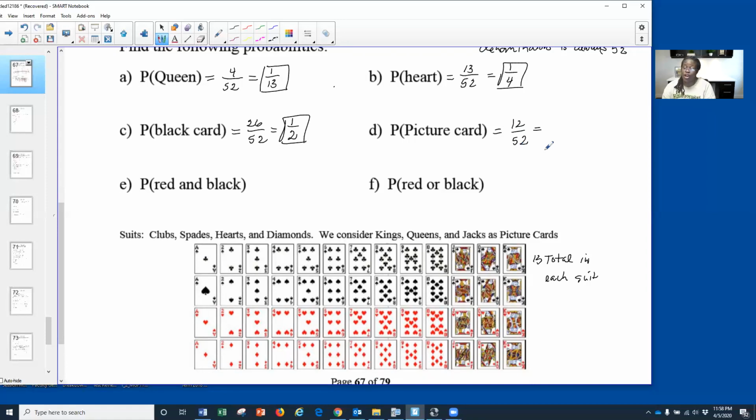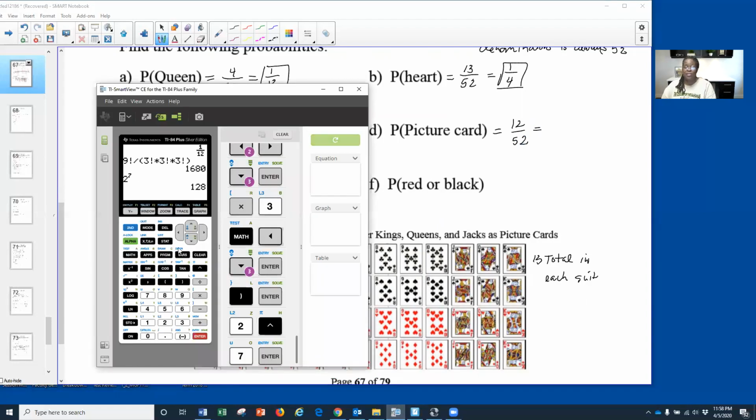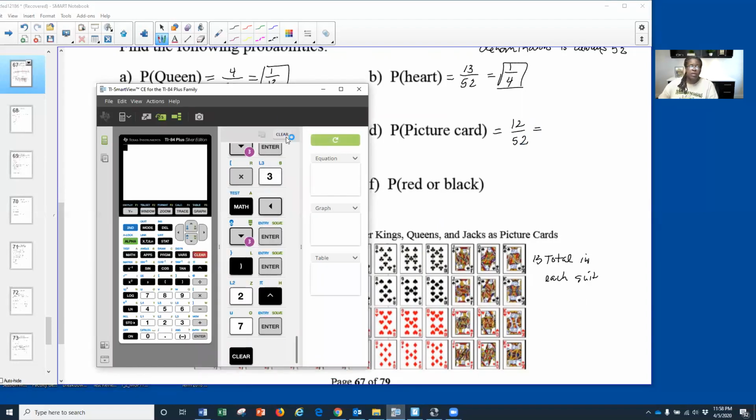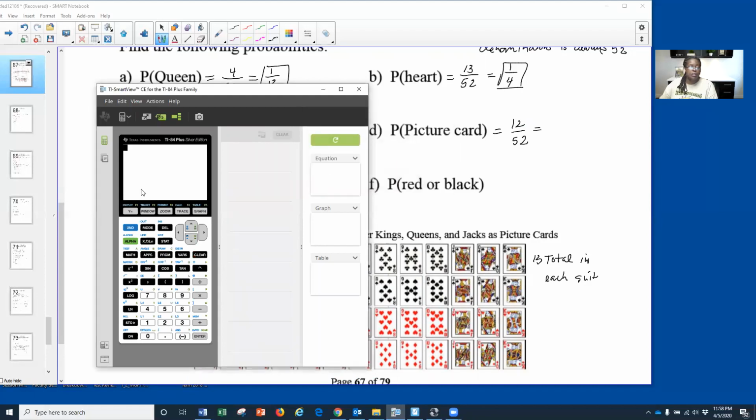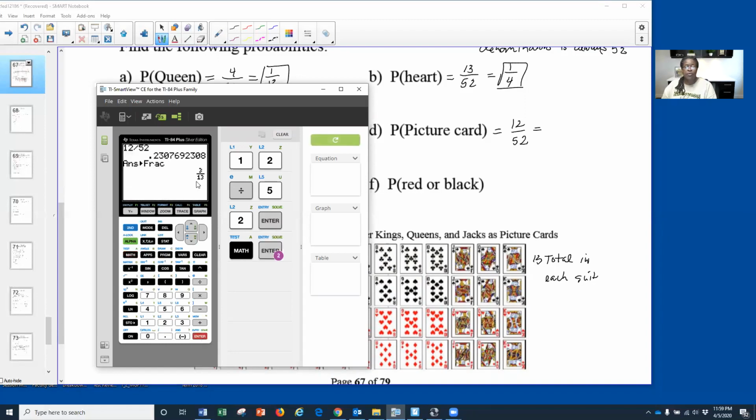Now remember, in your calculator, just to make sure we remember, I'm using the graphing calculator. You'll want to put in 12 divided by 52, push enter, and you'll get a funky decimal. You'll get this in your scientific calculator as well. Then in your graphing calculator, you'll go to your math button. It's already on fraction. Push enter twice, and it will reduce it to 3 over 13.